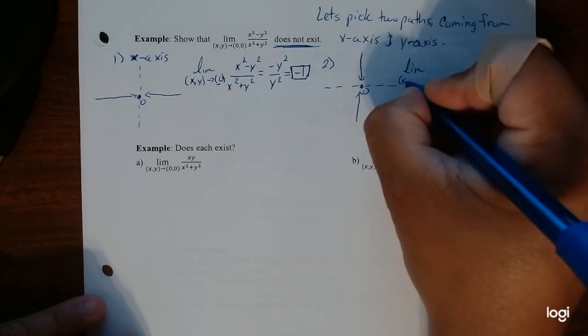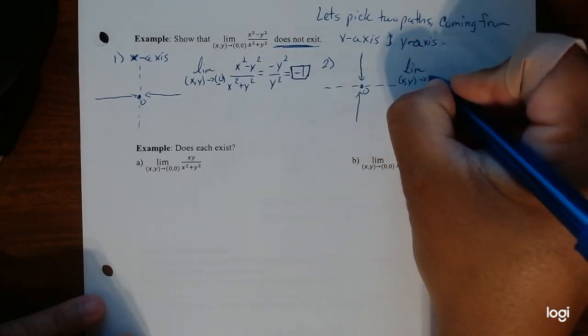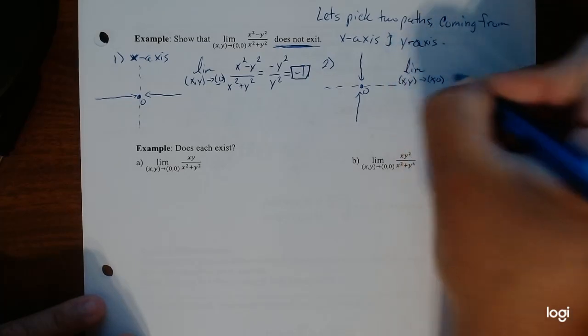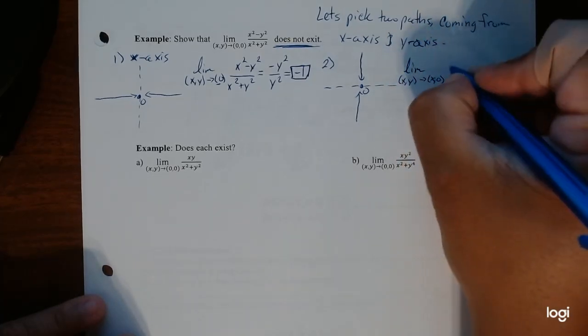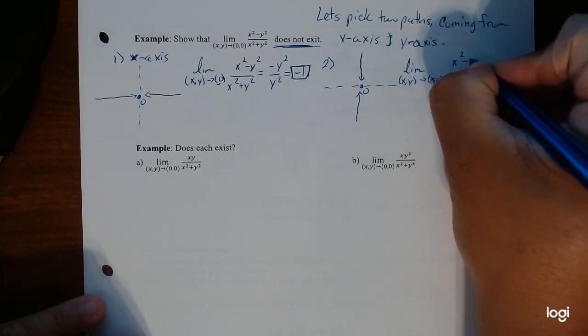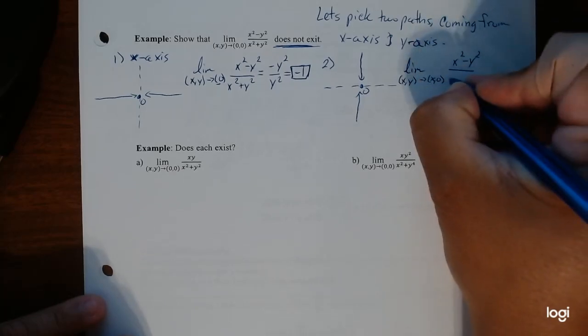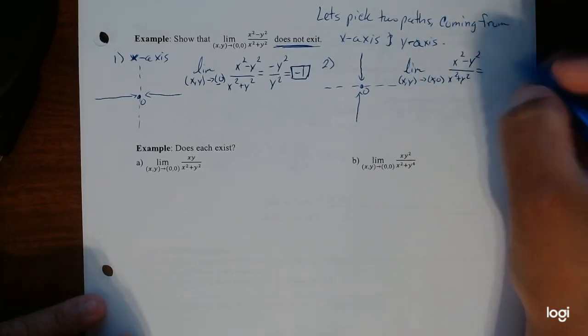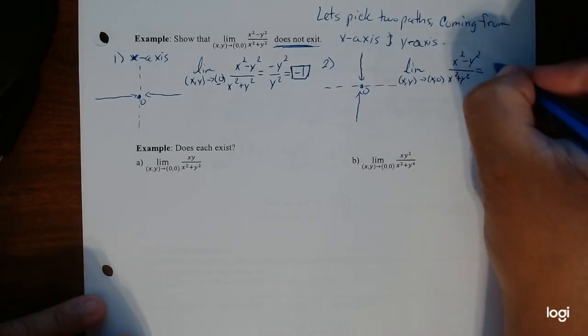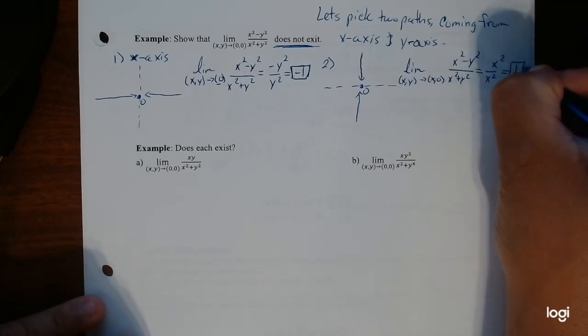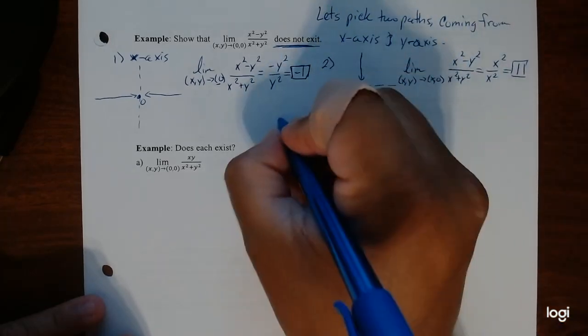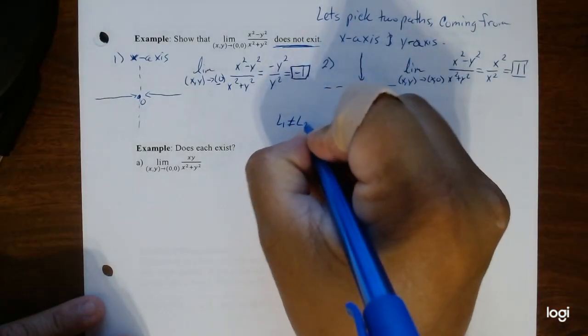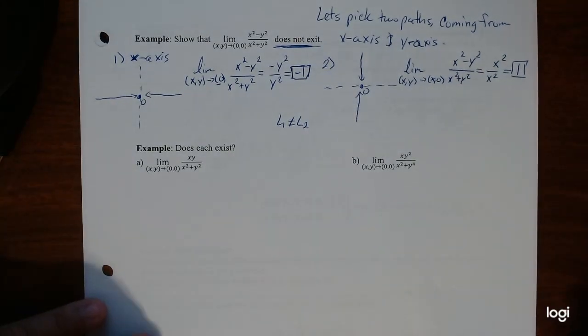Taking the limit as x, y goes to 0. If you like, x is just constant, so just keep it the same, and see where that goes. So now y is just 0. We get x squared over x squared, which gives us 1. So therefore, L1 does not equal L2, so the limit does not exist.